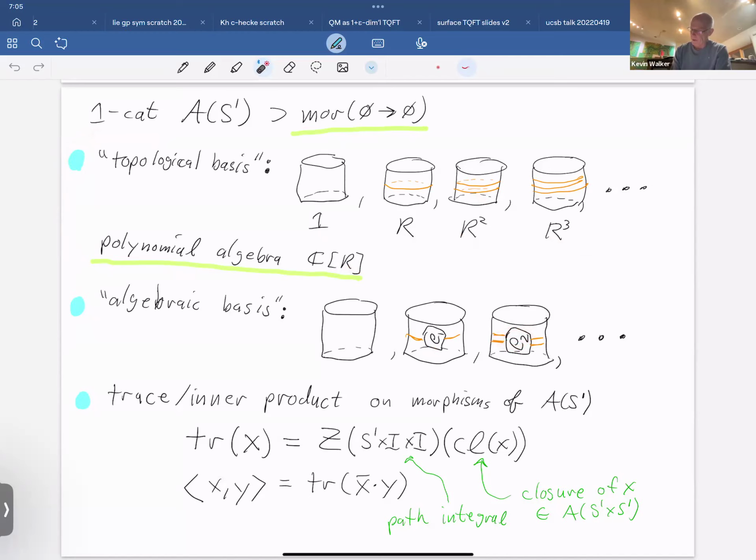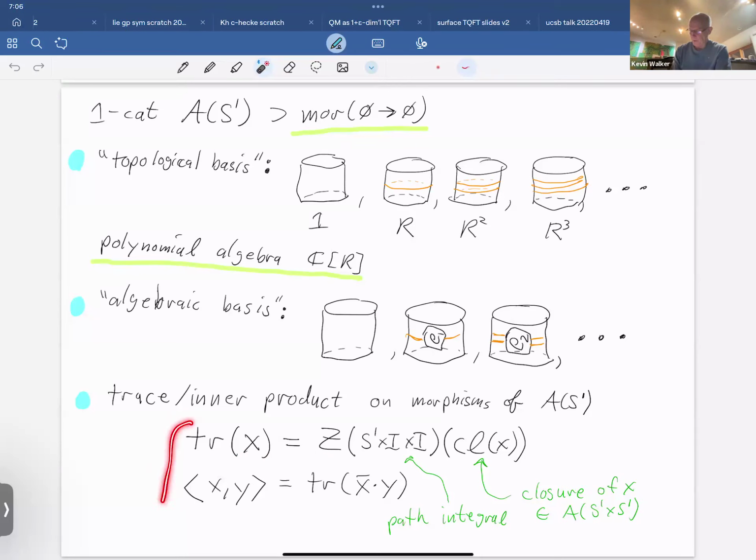These have the property that they're orthogonal with respect to a trace or inner product, which in some sense, I'm not going to go into it too much, is the path integral of a disk across a circle.